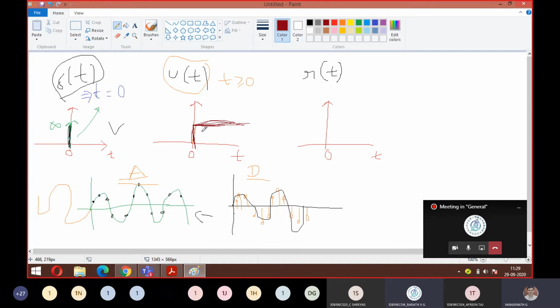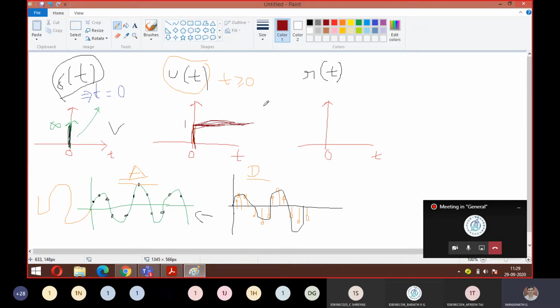Okay. So whenever you find any signal starting from 0 and going towards infinity, that is the meaning of greater than 0. Such signals are called unit step function, and the name itself tells unit step. Unit means 1, so always remember the amplitude of the unit step function is equal to 1. You can't go beyond this.